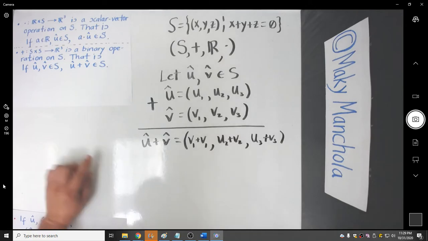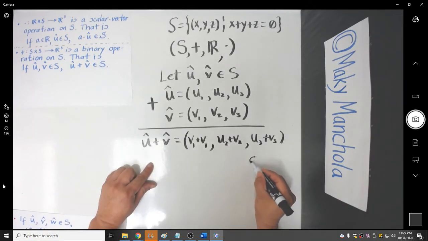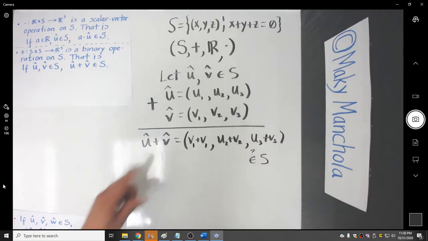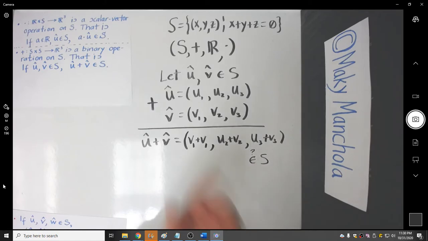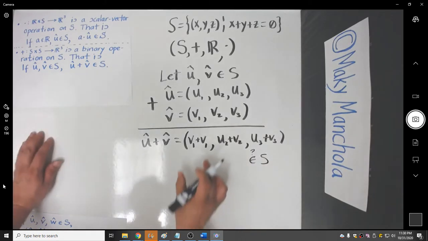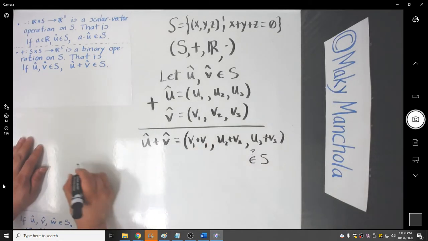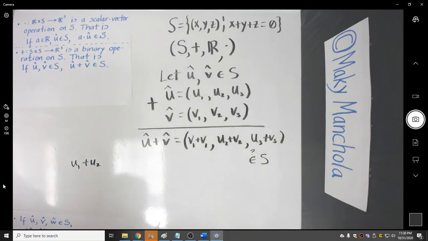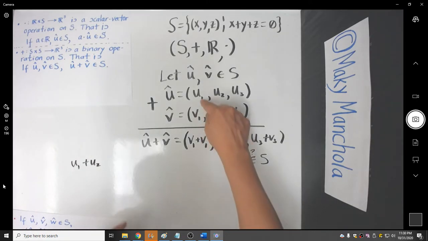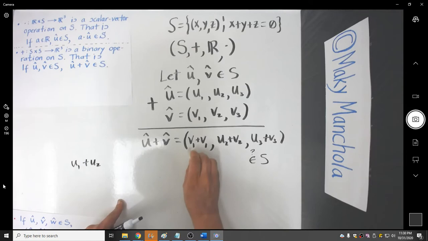Now we're asking, is this an element of S? In other words, we're asking, if we add these three entries, do we get 0? Well, let's add these three entries. Excuse me, I have to make a correction here. U1 plus V1. This is supposed to be U1 plus V1 here.